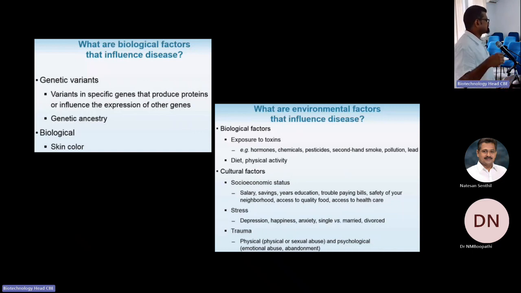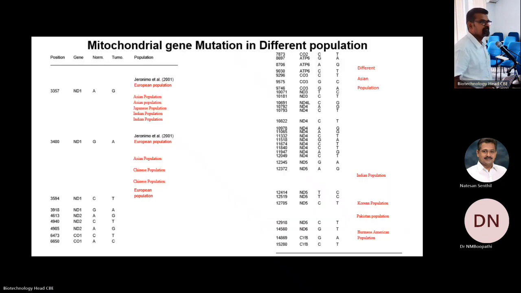The incidence of cancers is very, very high. So it is population specific. It is linked with their ethnicity, their ancestry, and their cultural behaviors. It can be biological also. Different environmental factors like exposure to toxins, and cultural factors, can also influence the diseases.